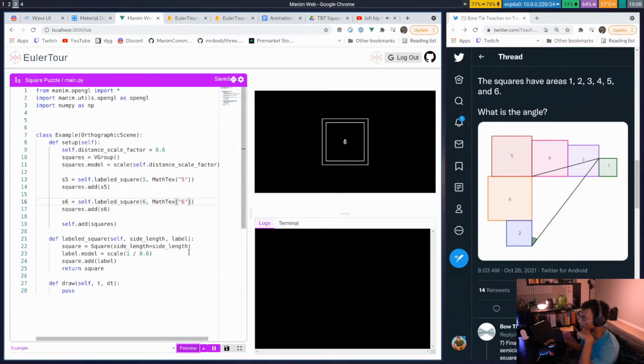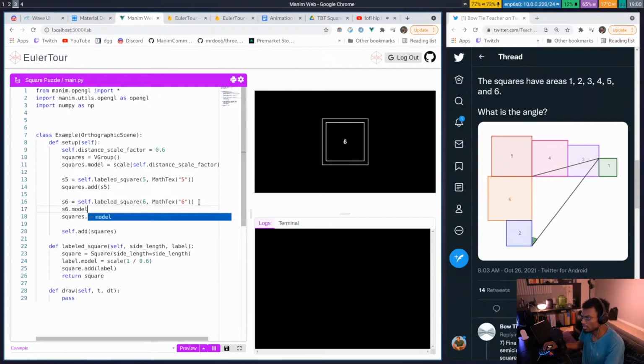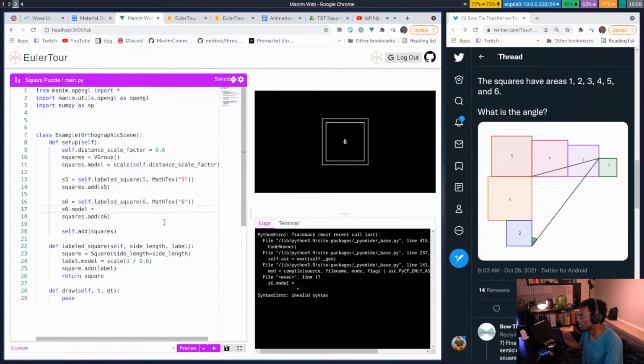Now to move this to the bottom of S5, it should be s6.model equals, I want the translation of s5.model and then base it off of that.